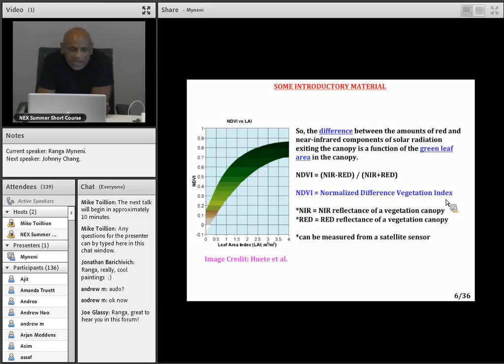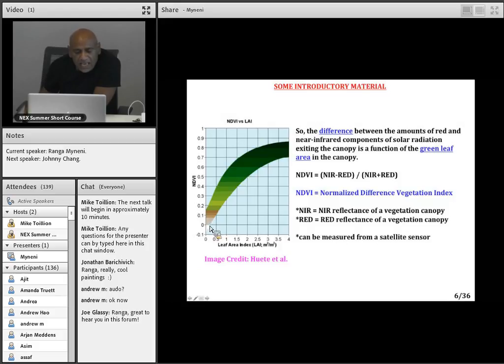And on land, the near-infrared reflectance is almost always greater than red reflectance. So you always have a positive number, generally speaking. And to the left-hand side is a nice illustration of this, where you see in barren areas, the NDVI is quite close to 0, if you are following my mouse here.